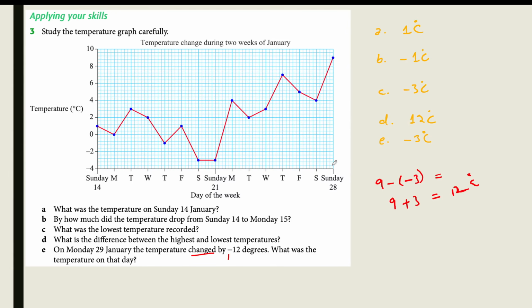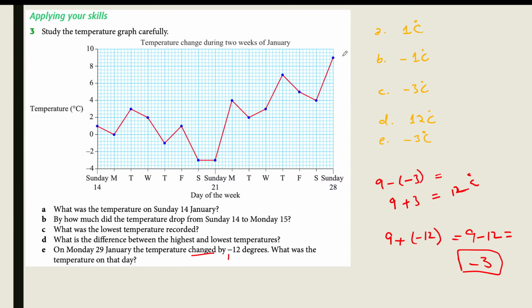The temperature on Monday 29th is a change of minus 12. So how do we solve this part? It will be 9 plus minus 12, which is equal to 9 minus 12, which equals minus 3.